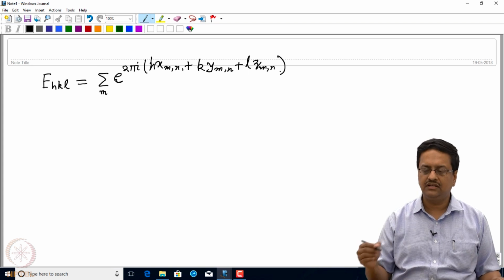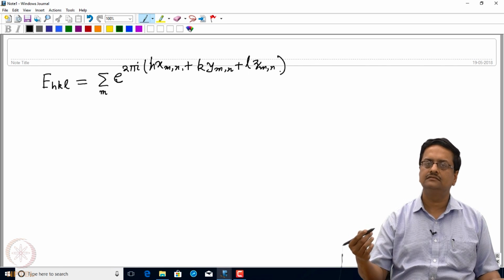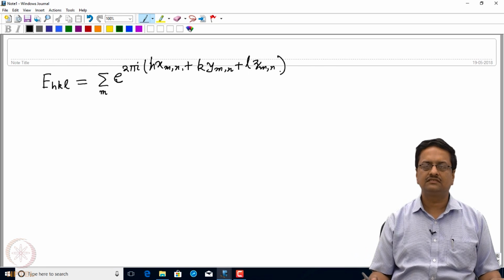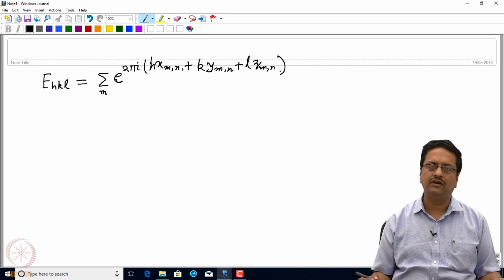So for any systematic absence condition derivation, we need to first write down the corresponding equivalent points for that particular symmetry.